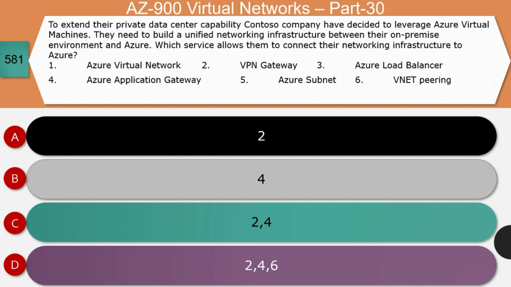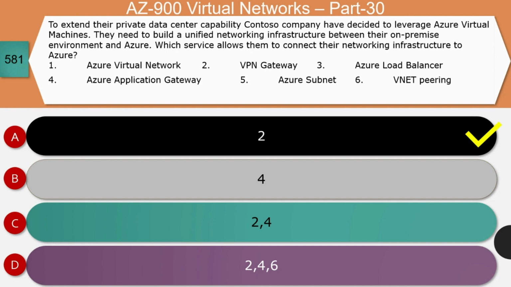The options are: option 1 virtual network, option 2 VPN gateway, option 3 Azure load balancer, option 4 application gateway, option 5 Azure subnet, option 6 VNet peering. And the answer choices given are 2, or 4, or 2 and 4, or 2, 4 and 6.